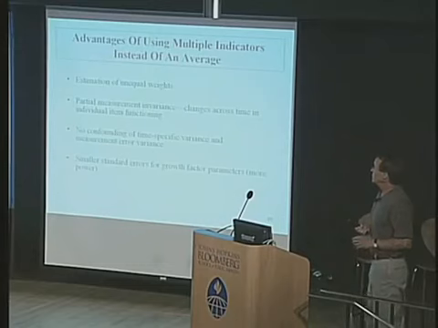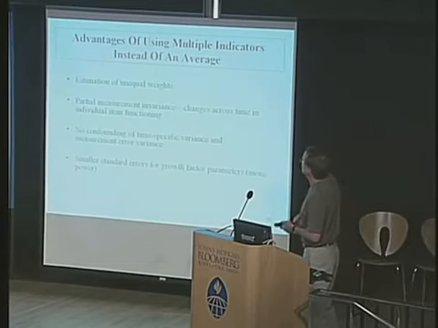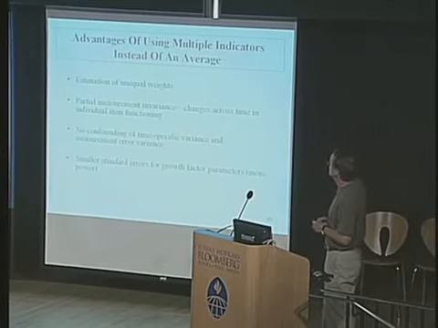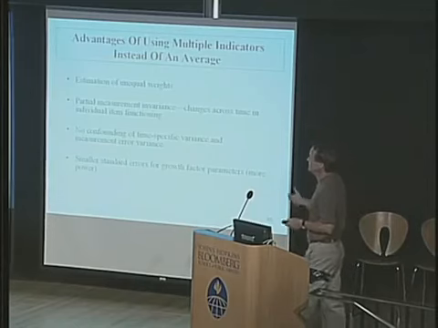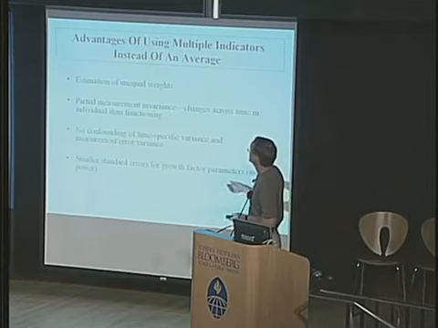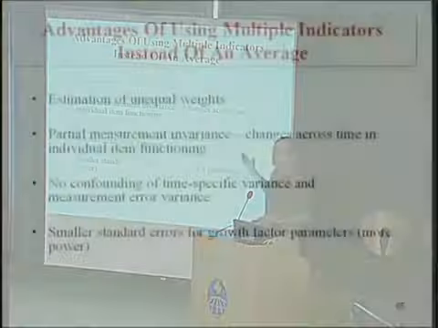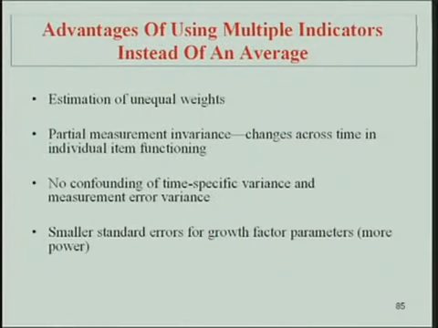So why would you go through all that painful work? Well, there are advantages to doing that instead of just summing up into a proxy using the average. First of all, if you use the average, you don't know if the items are unidimensional, measure the same construct. With multiple indicators, you also allow for using unequal weights in the formation of the factor by having unequal loadings.